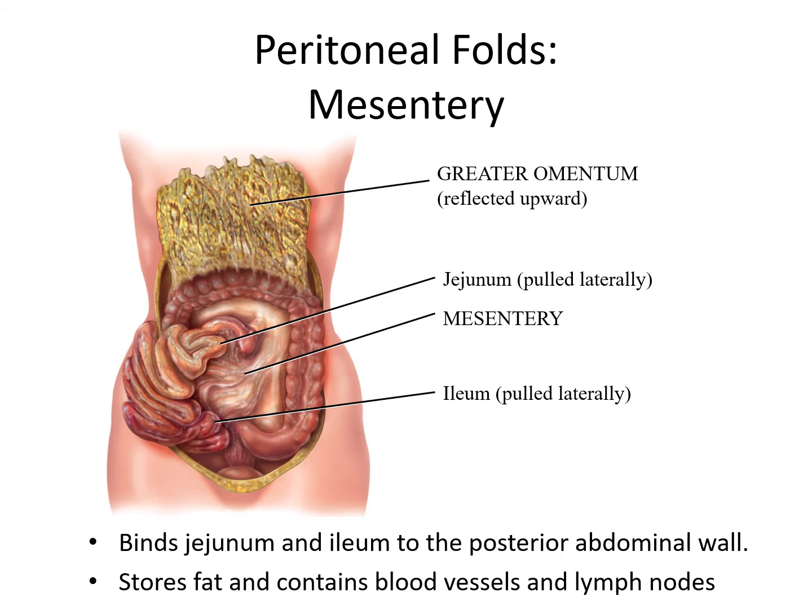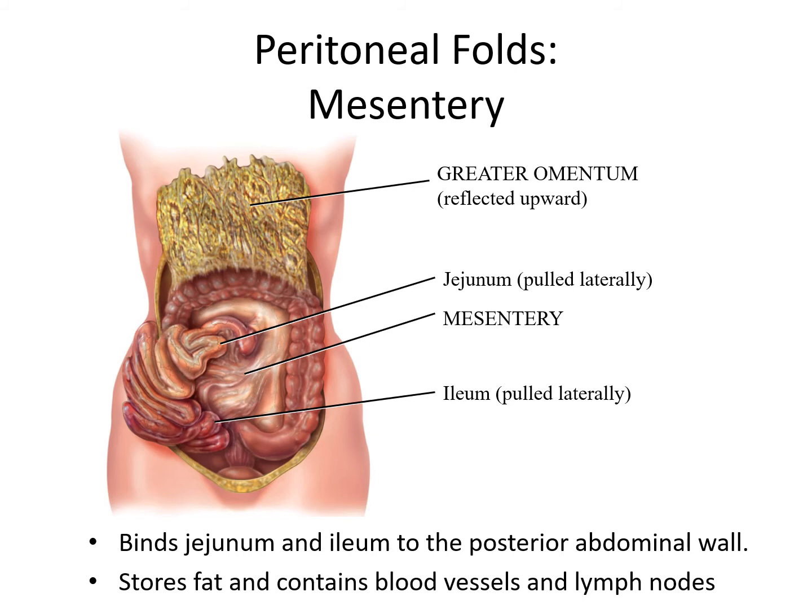Incidentally, the jejunum is the first portion of the small intestine after the duodenum, and the ileum is the last portion of the small intestine before it connects to the colon. But this is a very important membrane because it does hold things in place, not rigidly. Things can move around a lot, but we'll see this when you dissect a pig, if you have a chance to do that. Within the mesentery, we have lots of blood vessels.